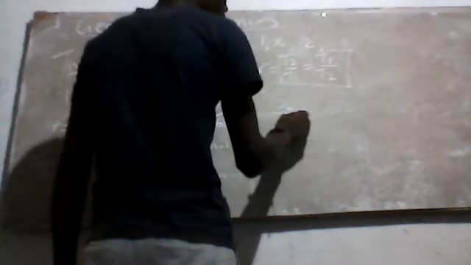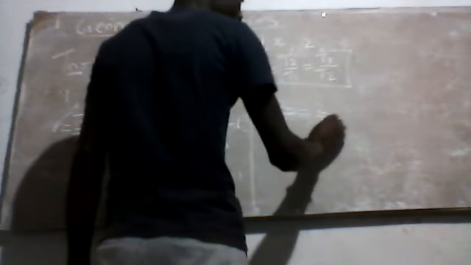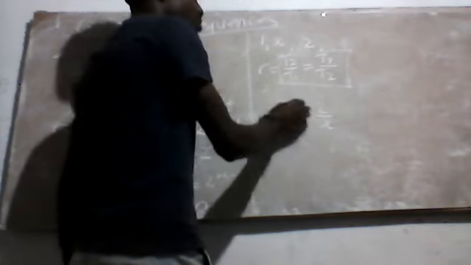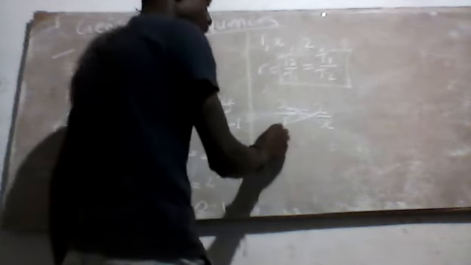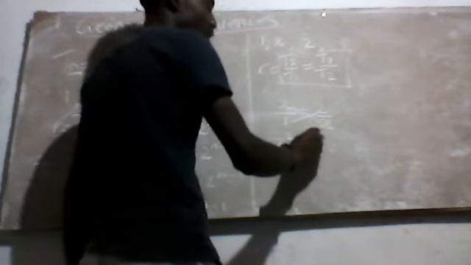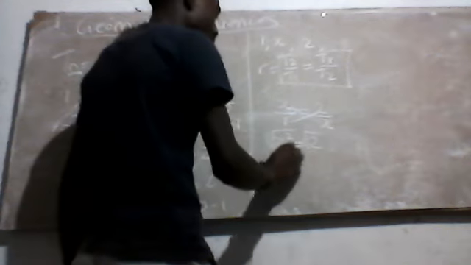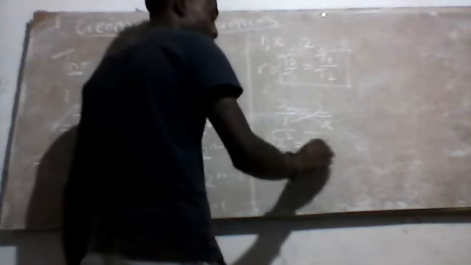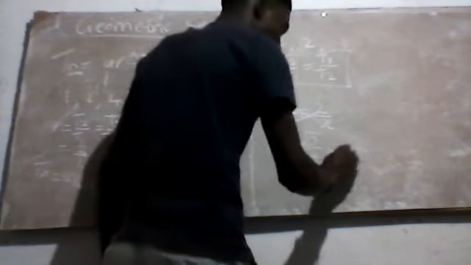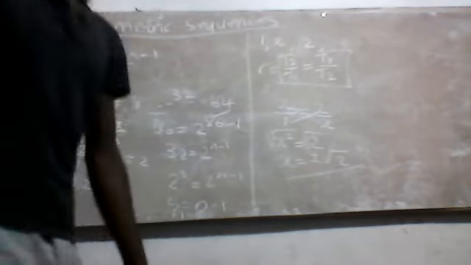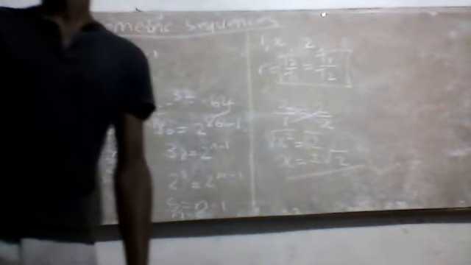And I also say that is equal to T3, which is 2, over T2, which is x. Then I solve for x, guys. How do you solve for x? Cross multiplication. I say x times x, x squared, is equal to 2 times 1, 2. Then I root both sides in order to have x as plus or minus root of 2. That is how to find the value of x, guys.